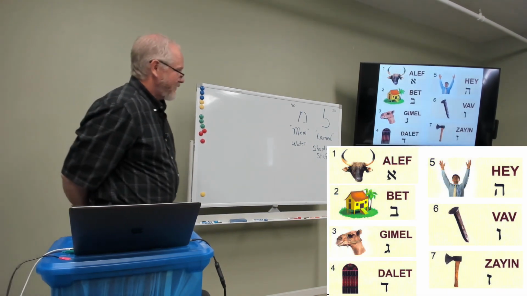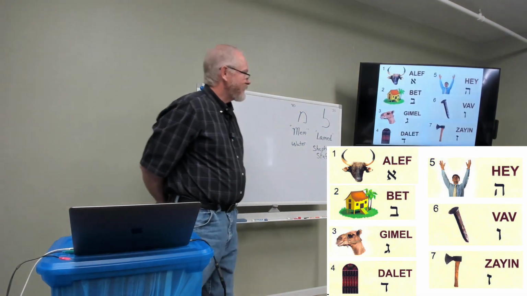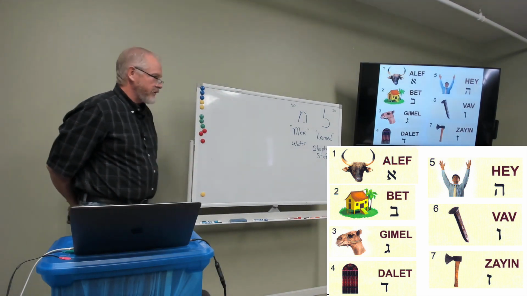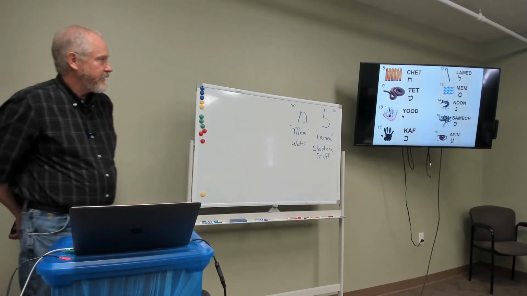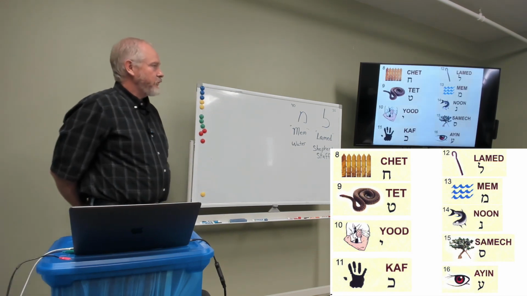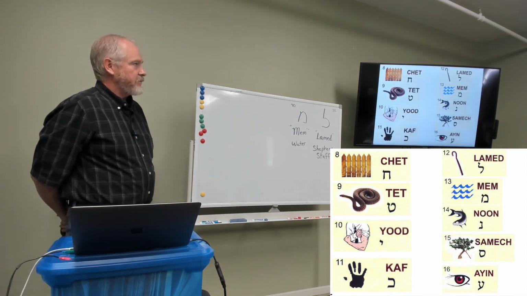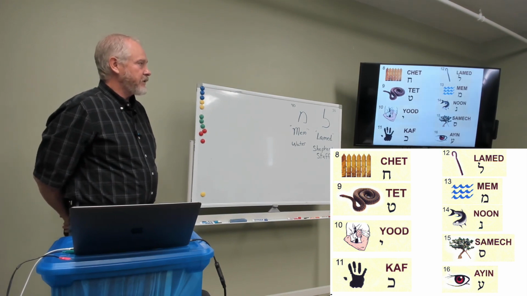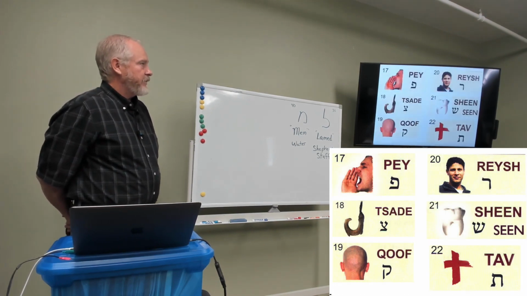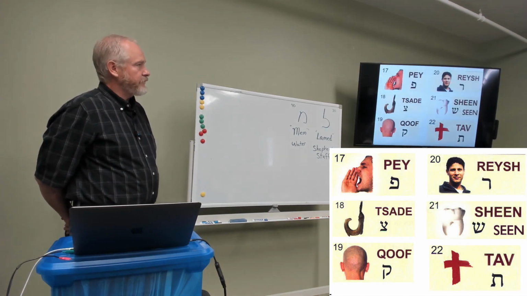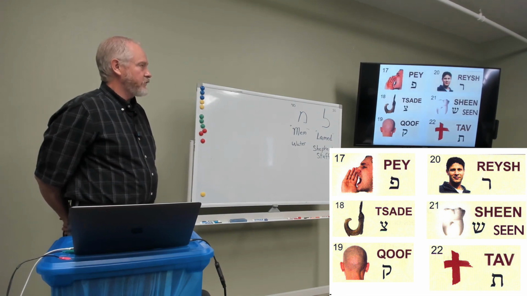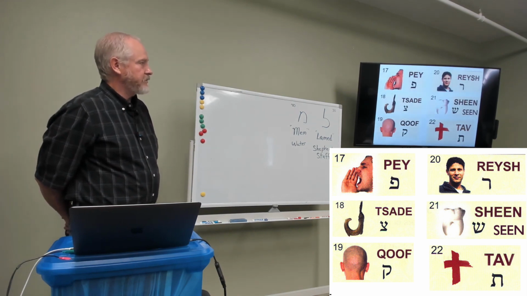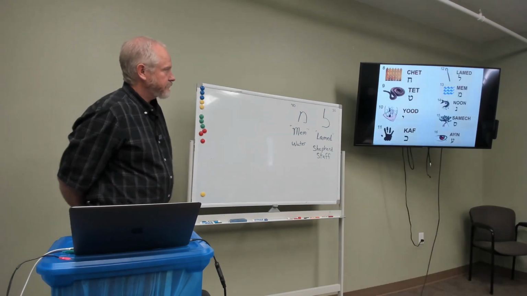Alef, Bet, Gimel, Dalet, Hey, Vav, Zayin, Het, Tet, Yud, Kaf, Lamed, Mem, Nun, Samek, Ayin, Pe, Sadi, Kuf, Resh, Shin, Sin, Tav.